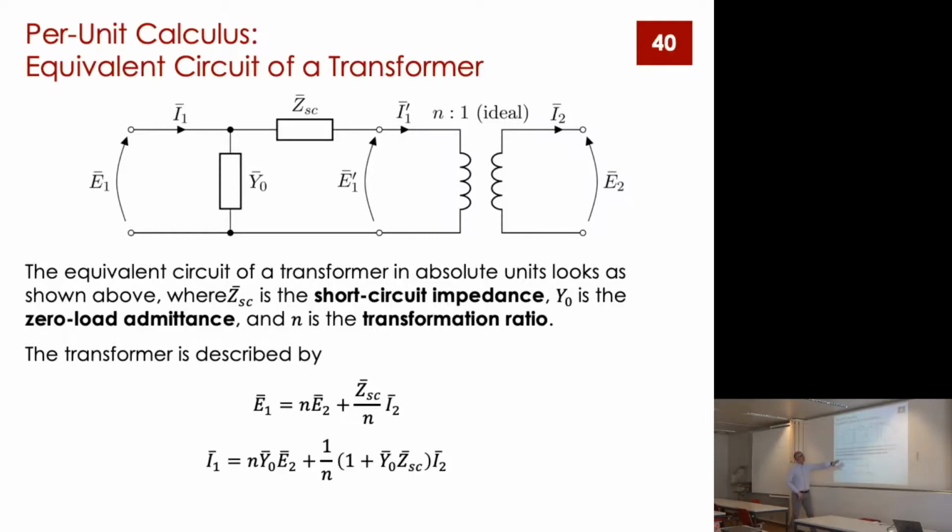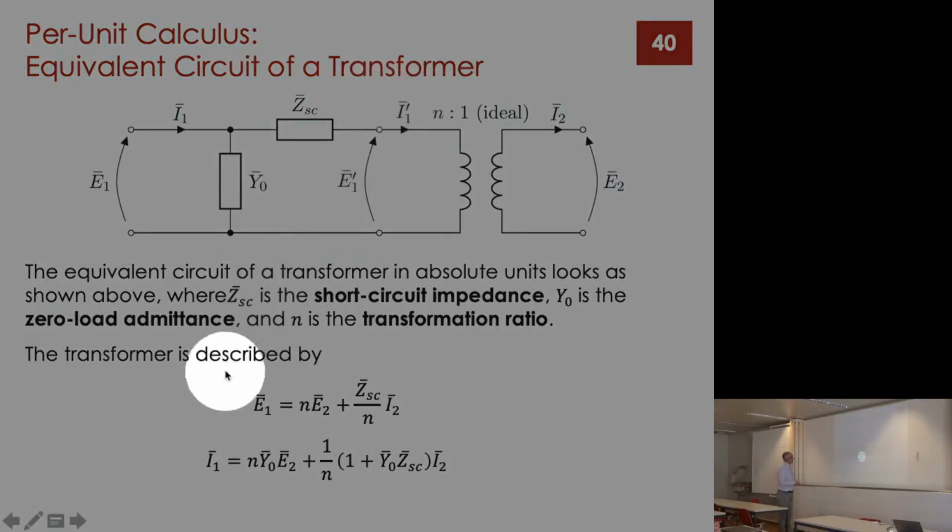Now, can I represent this by a two-port system? Yes, so let's write the equations. For E1, I can just apply Kirchhoff. E1, the voltage at this port, is equal to the voltage here, E1 prime.